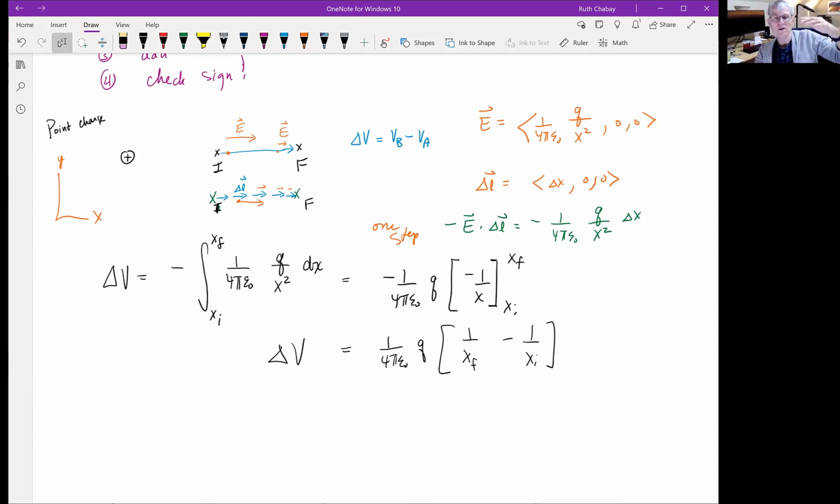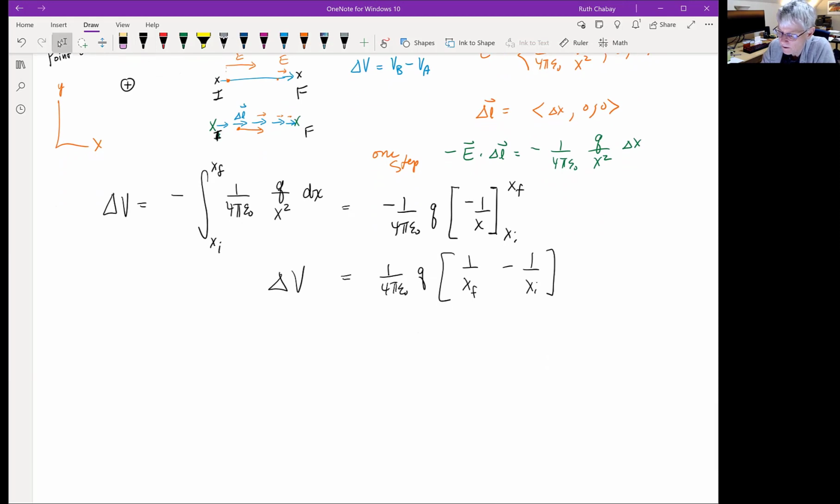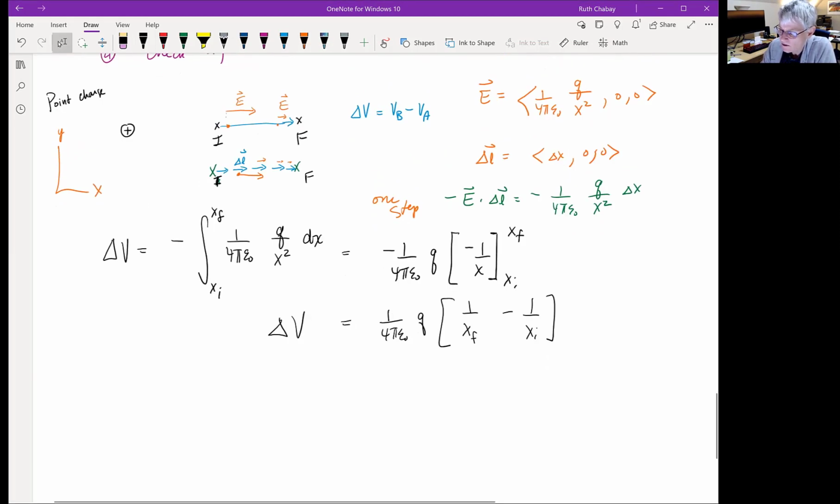You can think about a proton traveling along that path. Its kinetic energy would be increasing, so the potential energy of the system would be decreasing, so the potential's going down. So it should be negative.